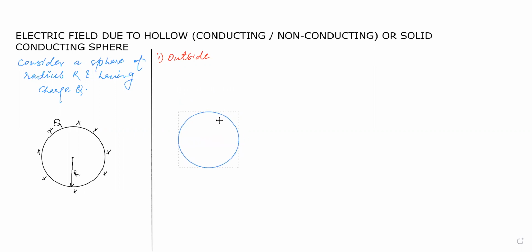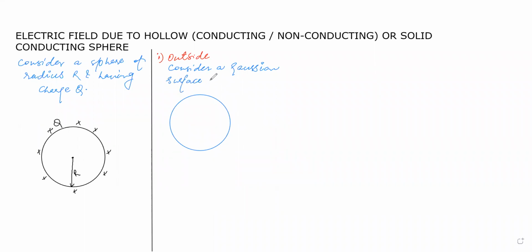For outside, first of all, we should draw the sphere. We should consider a Gaussian surface of radius r. This is your sphere of positively charged.